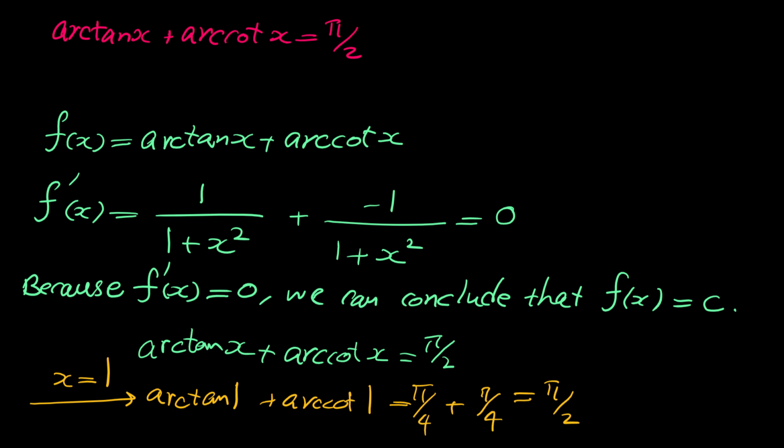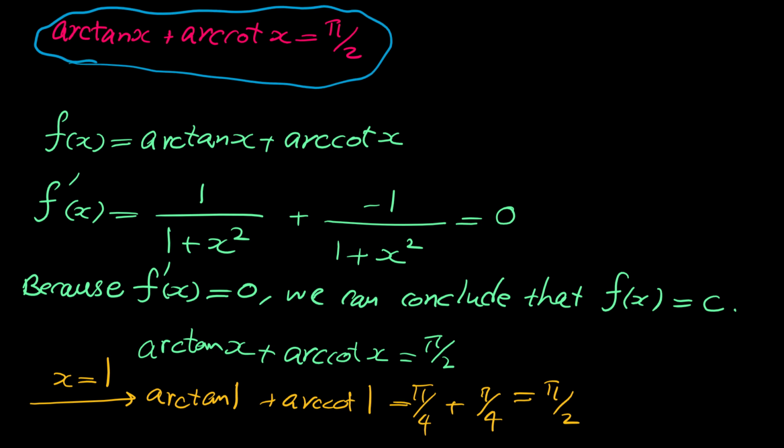Pi over 4 plus pi over 4 is pi over 2. So as you can see, it doesn't matter. If you plug in other numbers for x, you always see that the answer is the same value. So this is another way of proving this important relation between tangent inverse and cotangent inverse.